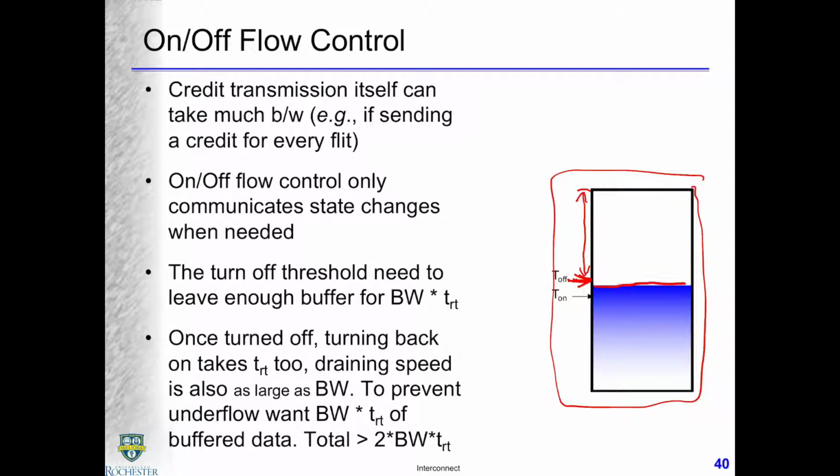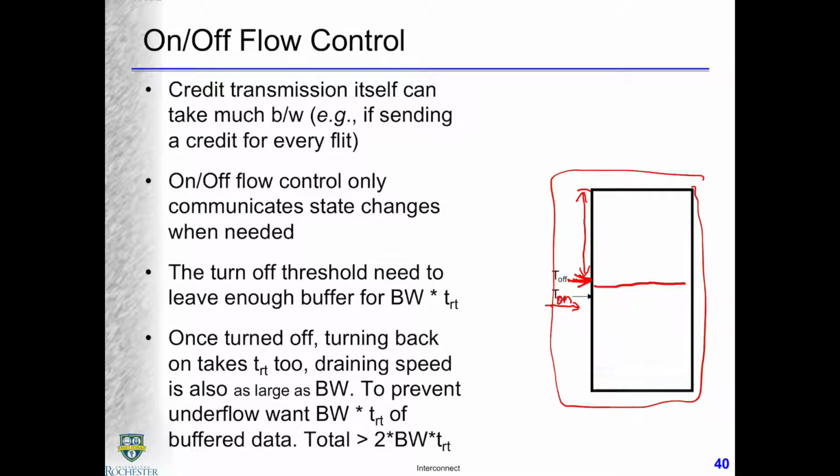And then when I drain this to a certain place, let's say that's the on threshold, at that point I need to turn it on. Meanwhile, I may still be sending packets to my downstream neighbor. Even though I told you to turn on, my upstream neighbor hasn't seen my signal yet, so nothing is filling this buffer.